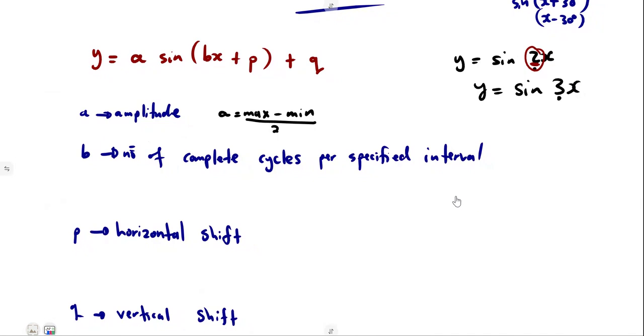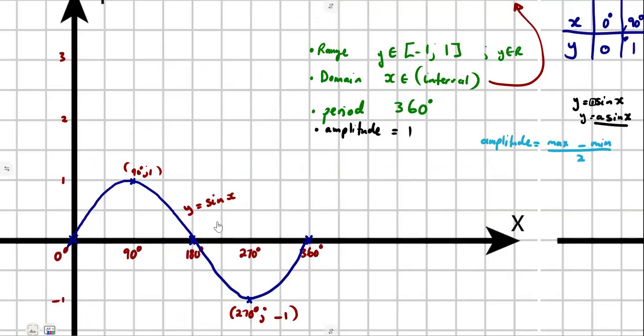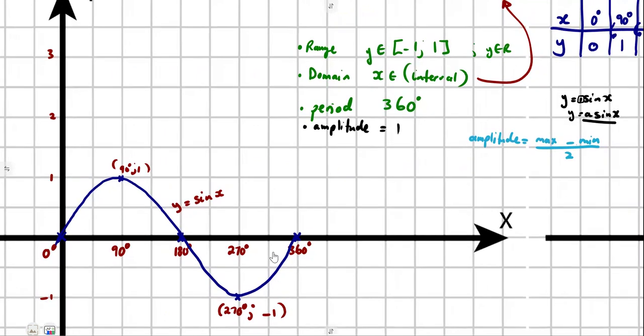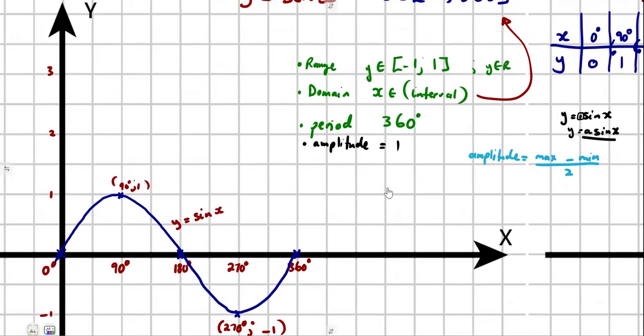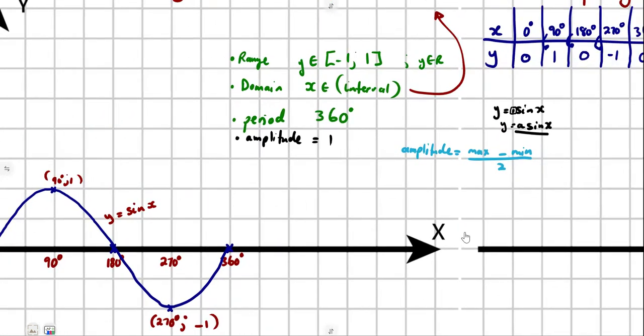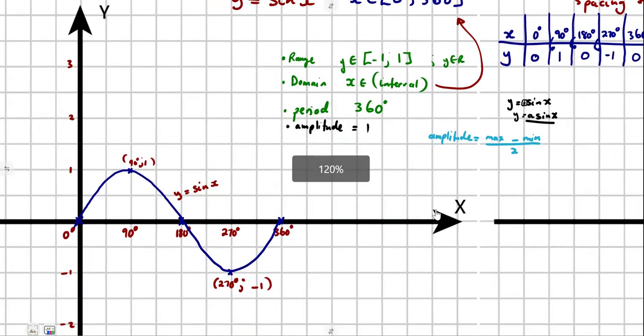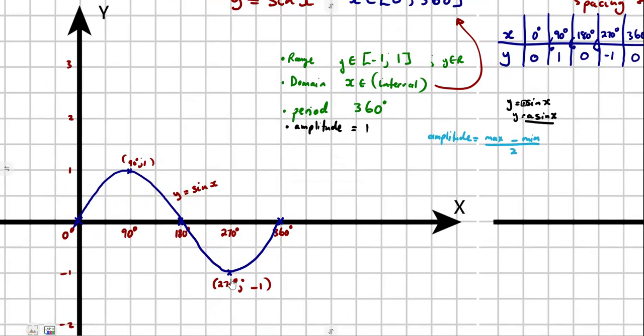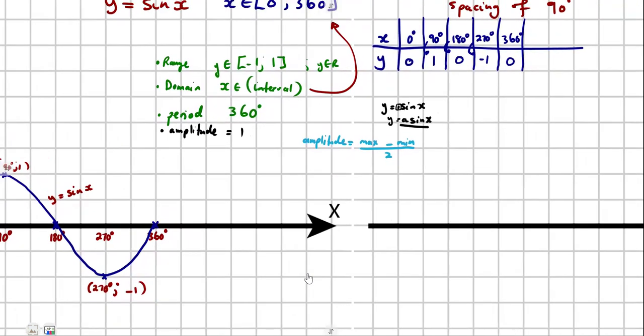The effect of A will be on the amplitude. From this graph of sine x without any other effect, it will be just changing the maximum and minimum value. In that case, it will be a direct one.